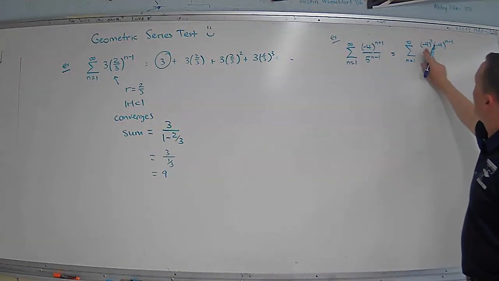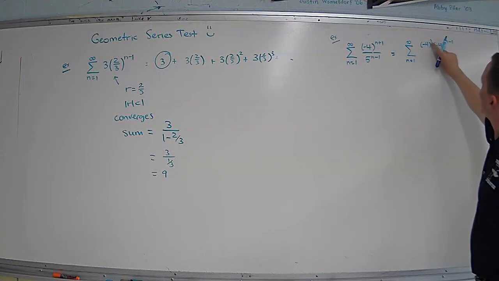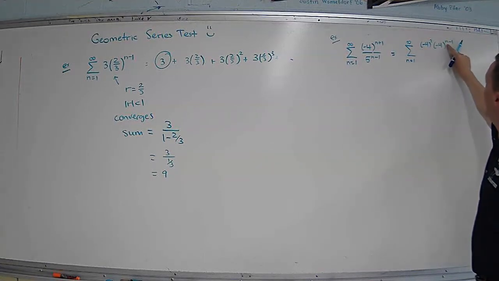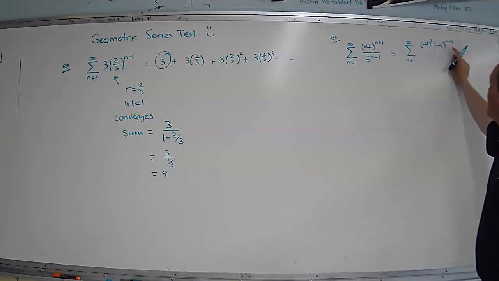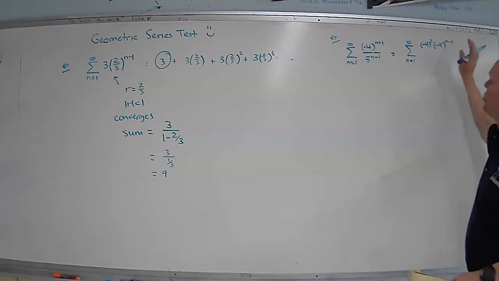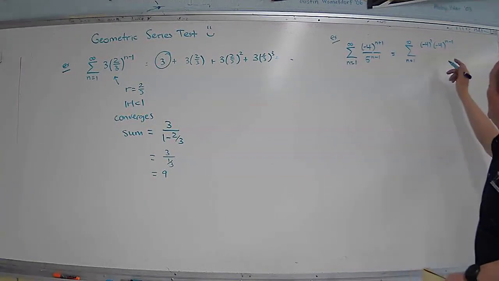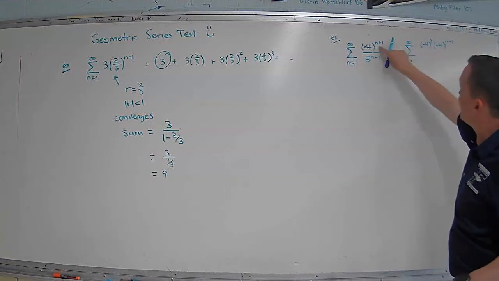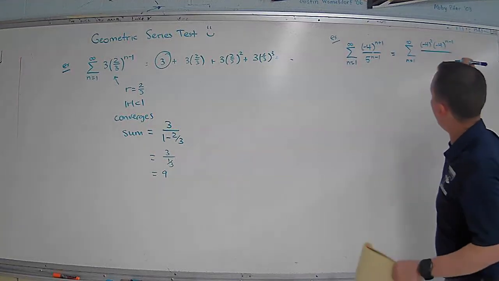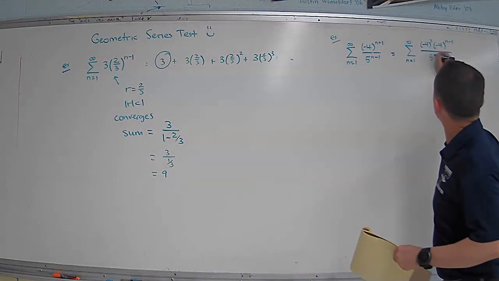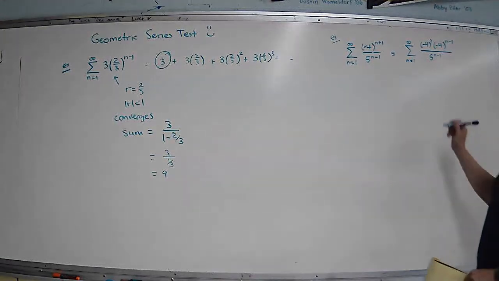How did I figure that out? Well, I know that when I add the exponents, 2 plus n minus 1, I'm going to get n plus 1. And then I've got 5 to the n minus 1.